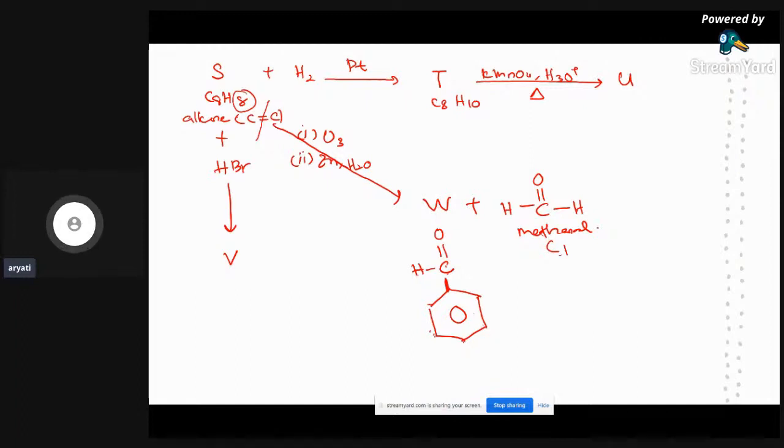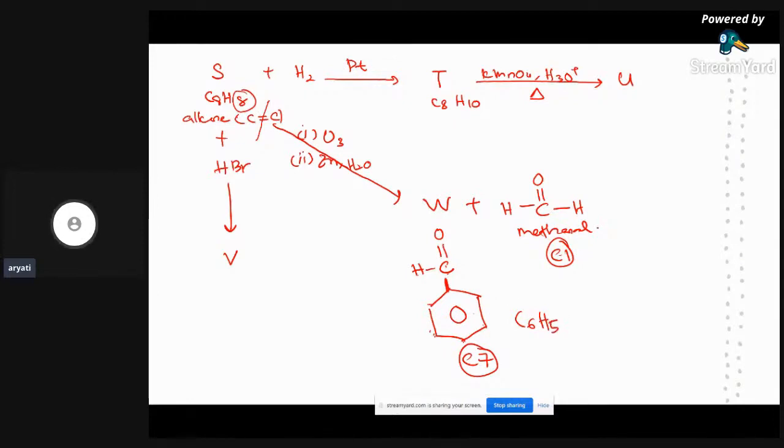Kenapa saya lukis macam ni? Sebab metanol dah ada satu karbon. Number of carbon is 1. Okay, so means W mesti number of carbon dia 7. So 7 dia mesti ada. Kalau saya lukis benzene adalah C6H6. Kalau saya tambah satu lagi karbon, bila saya buang satu H untuk terikat dengan karbon, dia jadi C6H5.